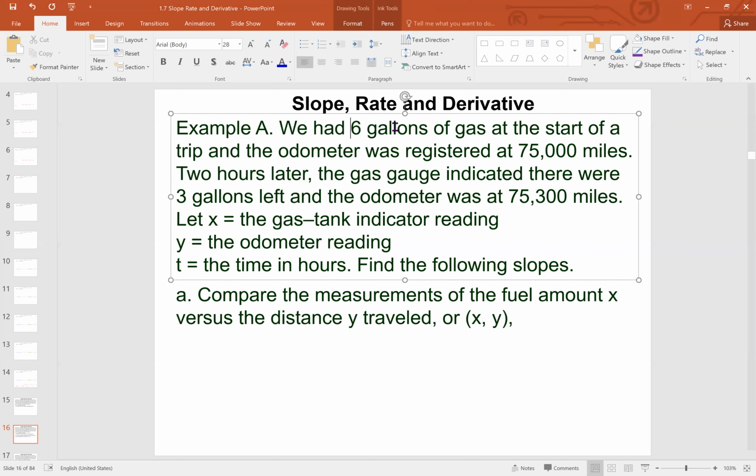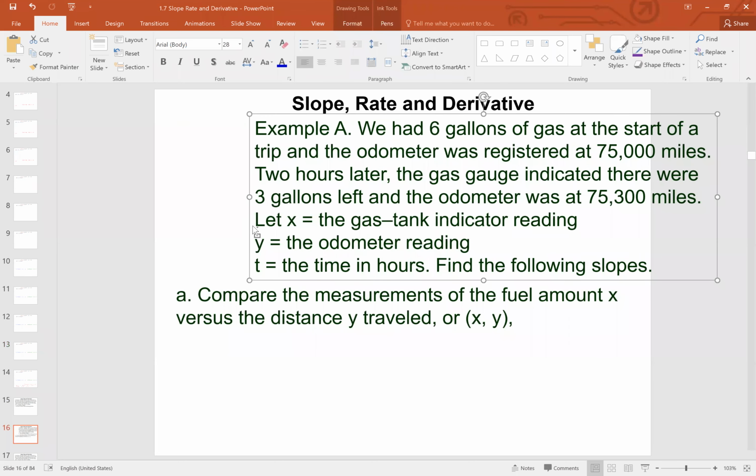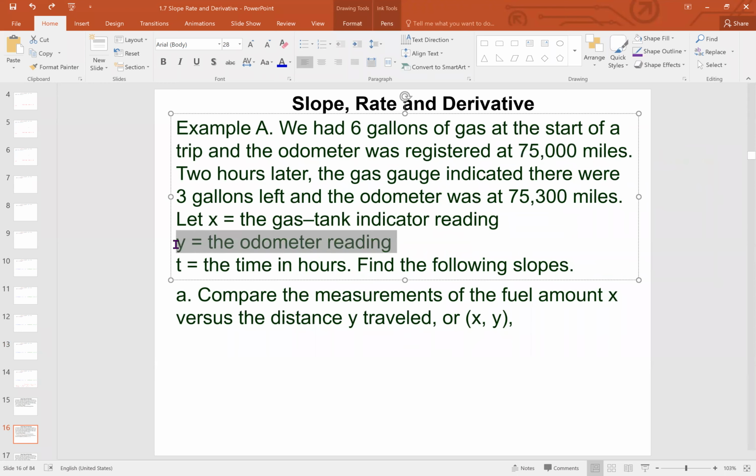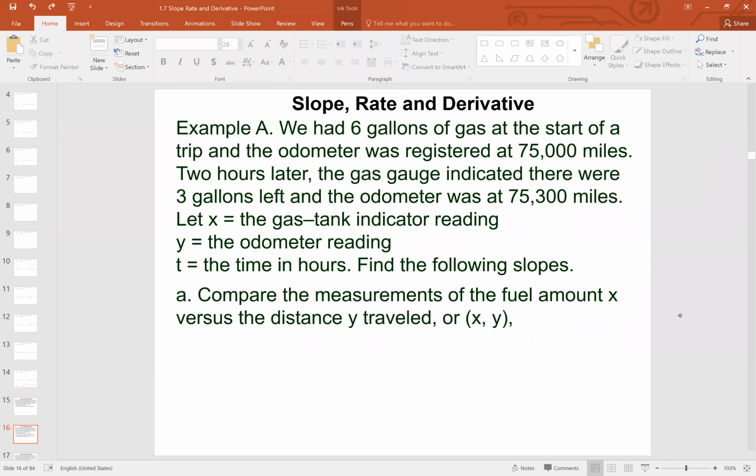The gas goes from 6 gallons to 3 gallons, so x is the change in the gas reading, and the odometer changes from 75,000 to 75,300. So the change in y is the distance we travel according to the odometer.